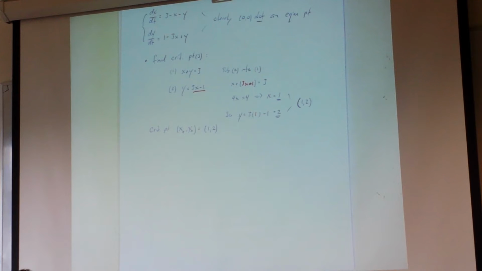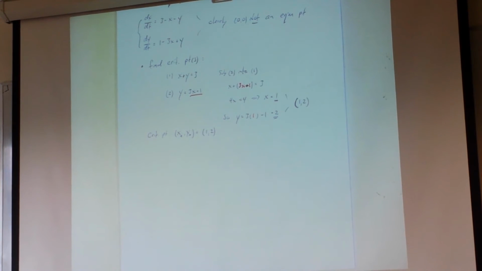But there's a nice little way we can handle this, and that's we're going to effect a linear transformation on this system. We're going to shift it. Our critical point is at 1, 2, in the first quadrant. We're going to shift the whole system 1 unit to the left and 2 down, and put that critical point at 0, 0.